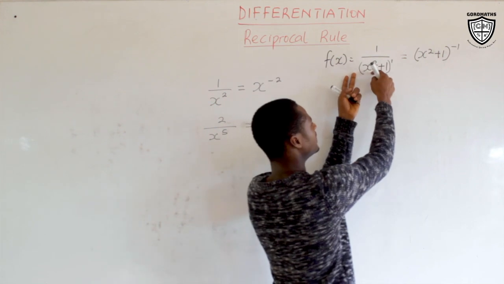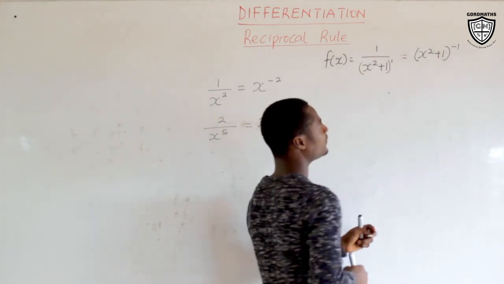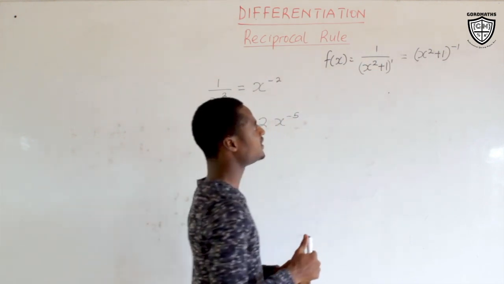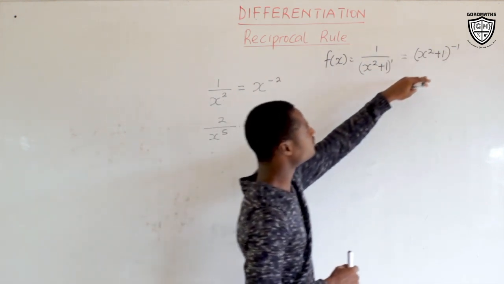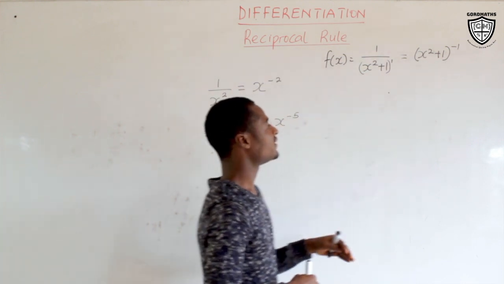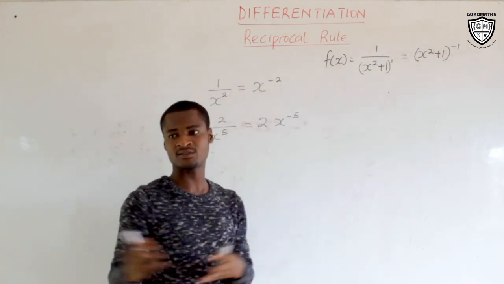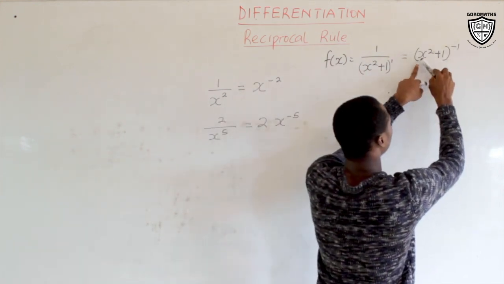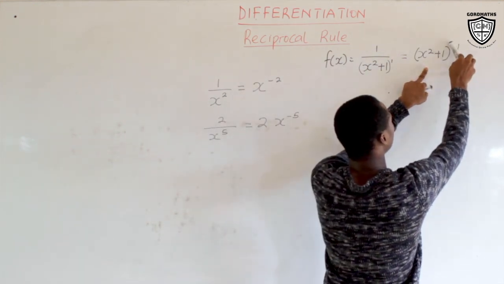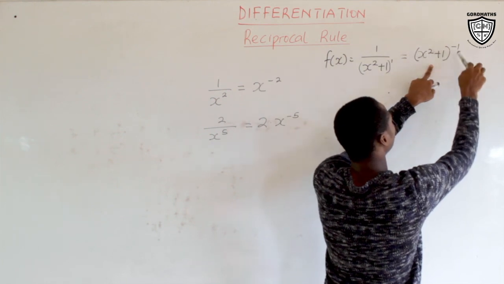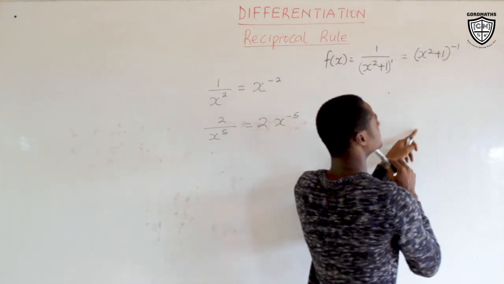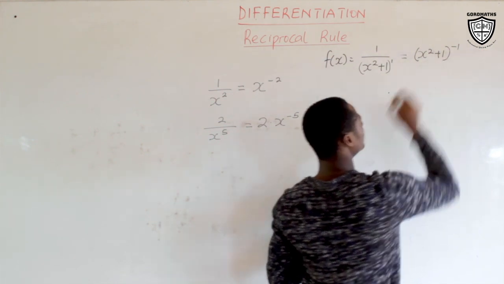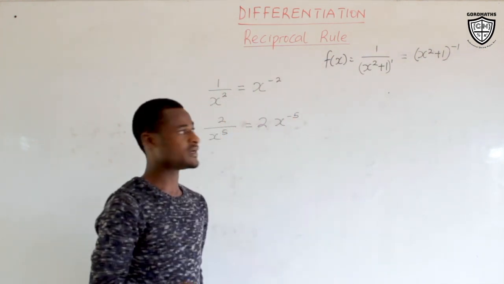That is when the denominator is moved upwards to multiply 1, and then the sign changes to the negative. Now, if we want to differentiate this function, then we use the power rule as we have previously done. First, we differentiate the entire function, which is we multiply the function by negative 1 and then subtract 1 from this power. Then we multiply what we get by the derivative of the function inside the bracket.